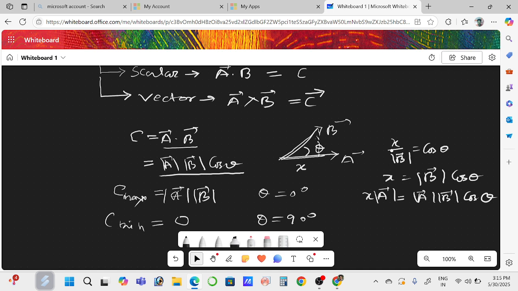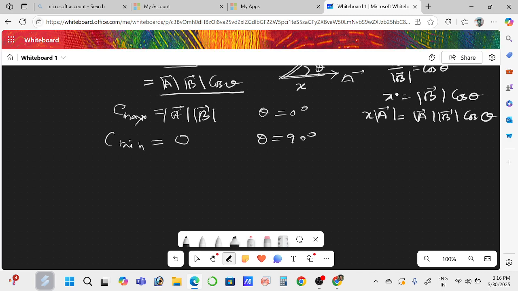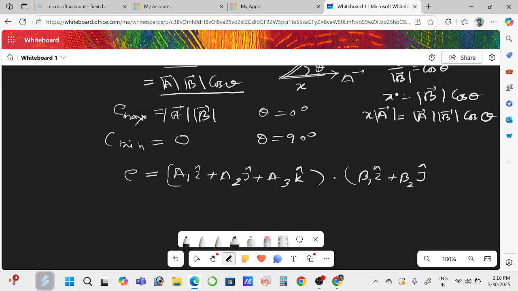So this is the scalar multiplication, and there is another important property here. Suppose we have A written as A1 i hat, A2 j hat, and A3 k hat, and B is written simply as B1 i hat, B2 j hat, and B3 k hat.